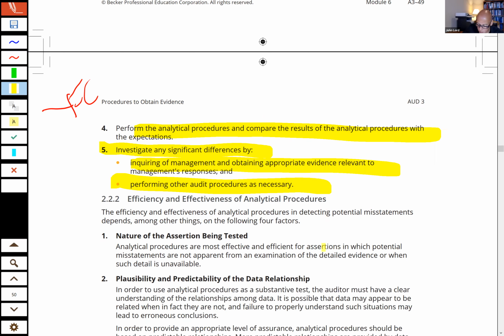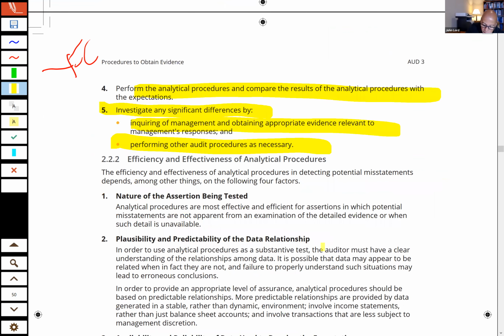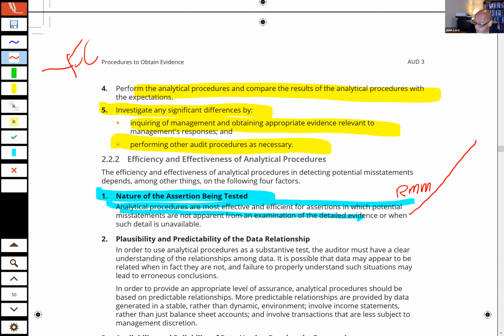Okay. And when we are looking at using an analytical procedure for our substantive, it really has to go with the assertion. Okay. So what happens? It tells us analytical procedures are most effective and efficient for assertions in which potential misstatements are not apparent. So what are they telling you there, guys? Well, if finding a potential misstatement is not apparent, they're telling you that RMM is what?